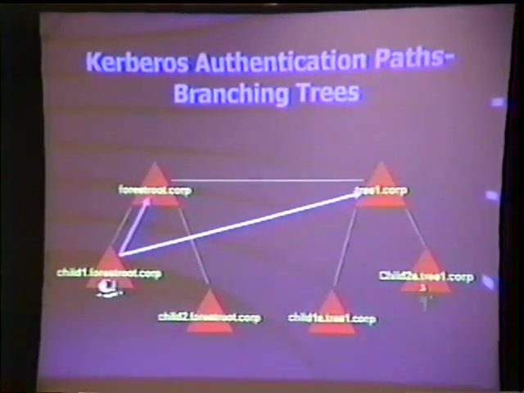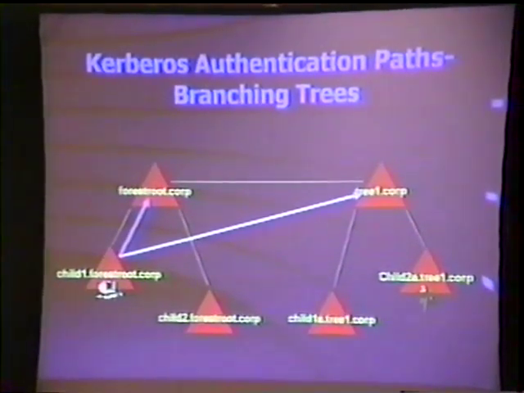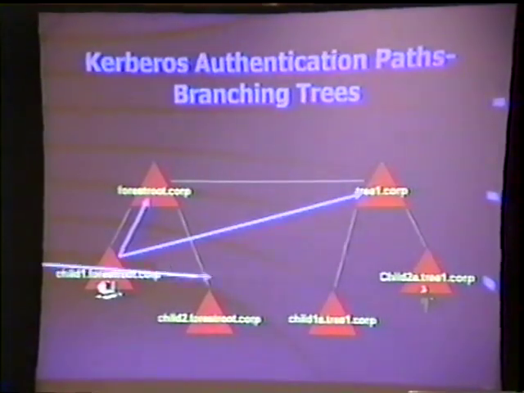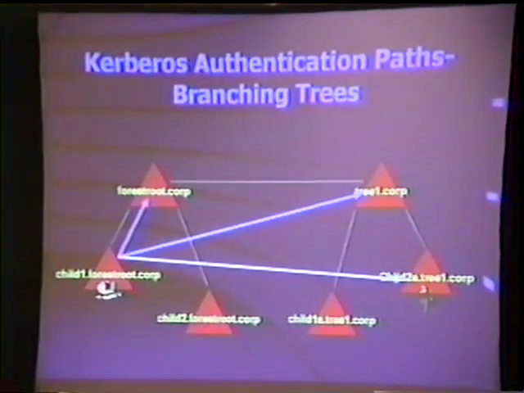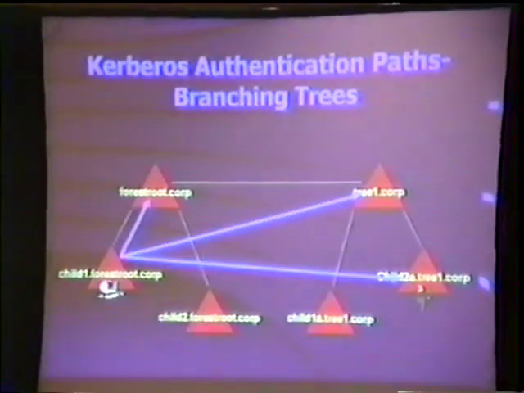The next ticket that this machine is going to obtain on behalf of the user is going to be for the Kerberos service in tree1.corp, which is going to allow it to then go to child2a.tree1.corp to get a Kerberos session ticket for that Kerberos service. Then we actually get a session ticket for a server if we want to access something.